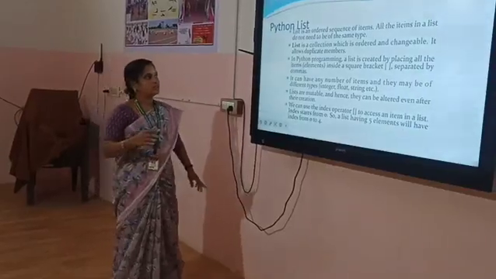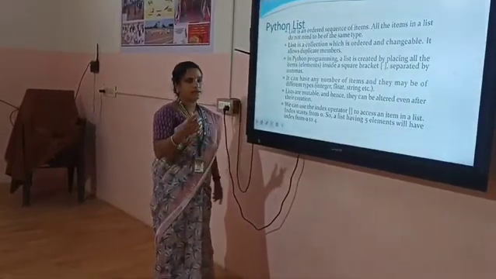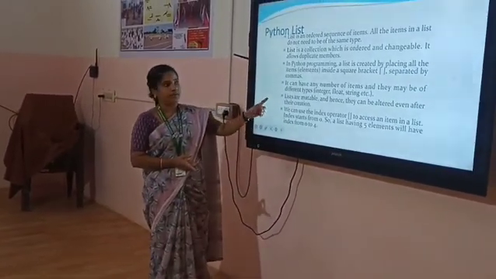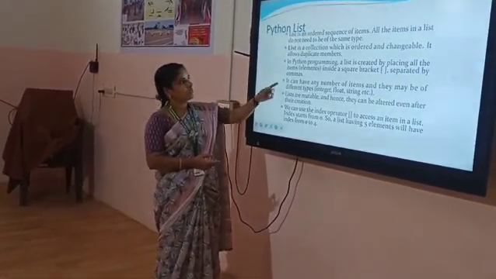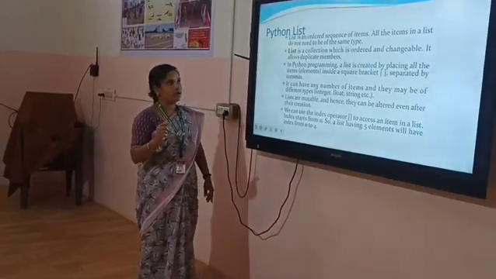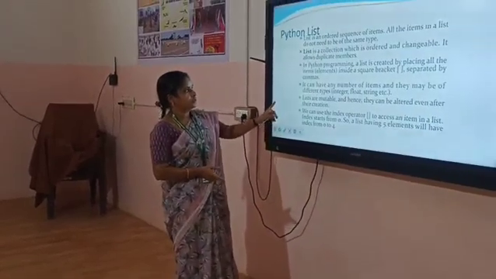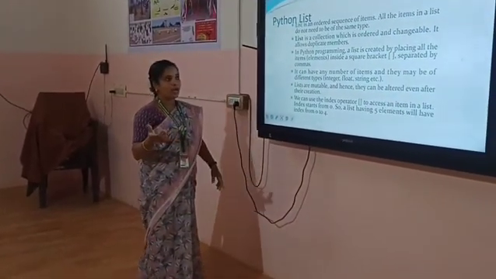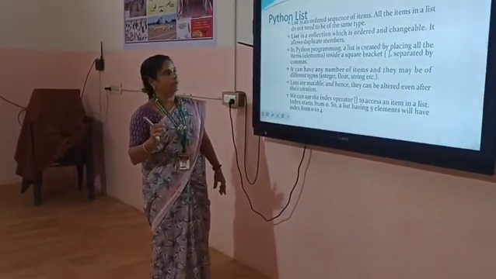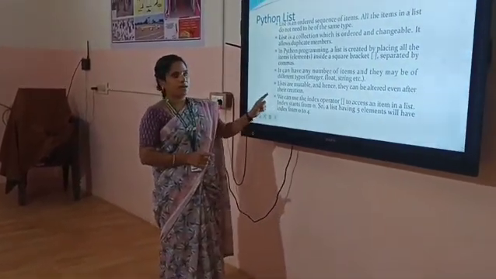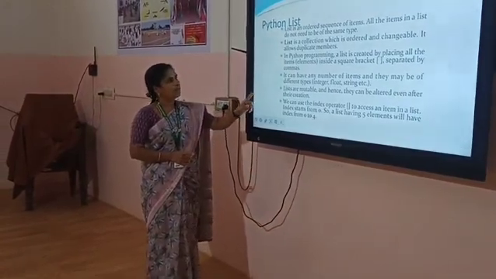Python list. A list is an ordered sequence of items, and these items in a list do not need to be of the same data type. A list is a collection which is ordered and changeable, and allows duplicate members. In Python programming, a list is created by placing all the items inside square brackets, separated by commas.